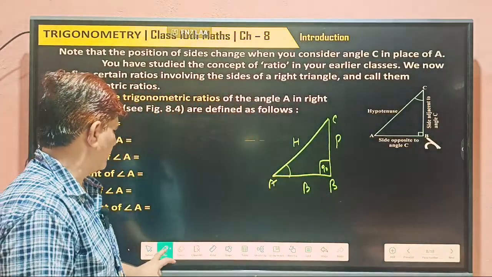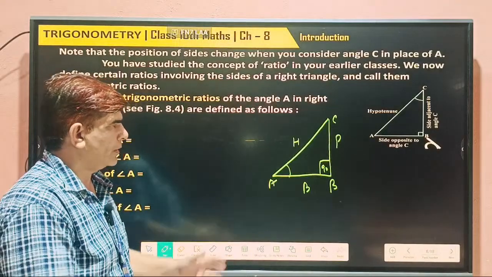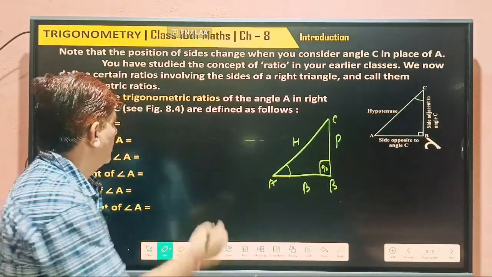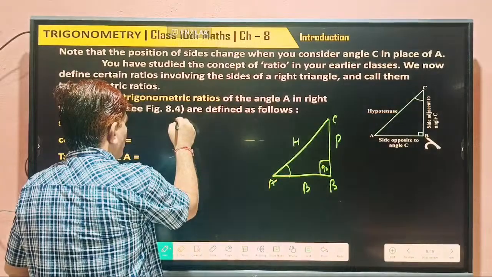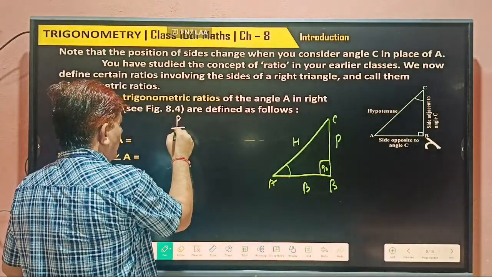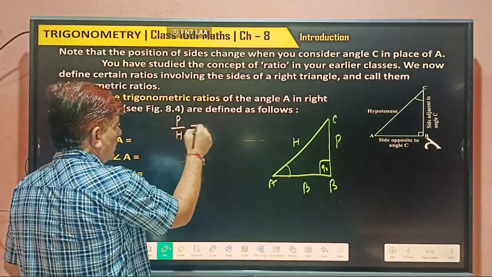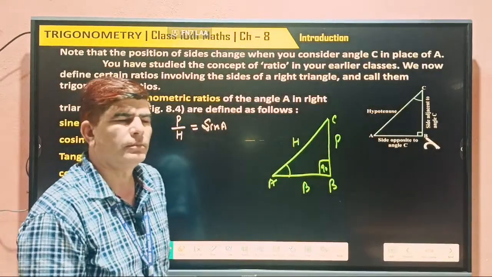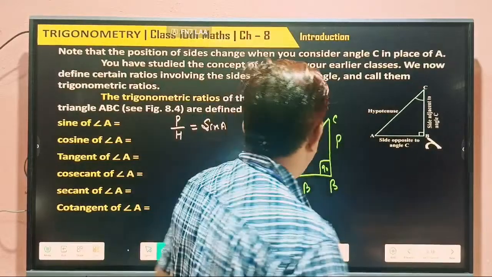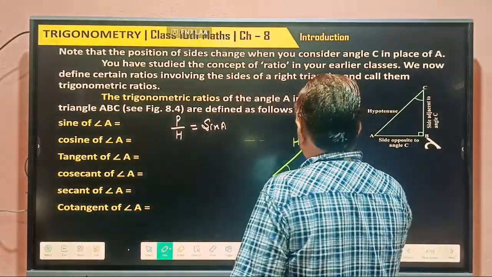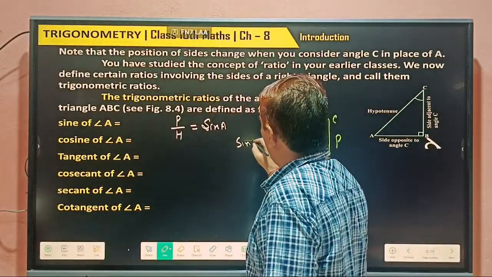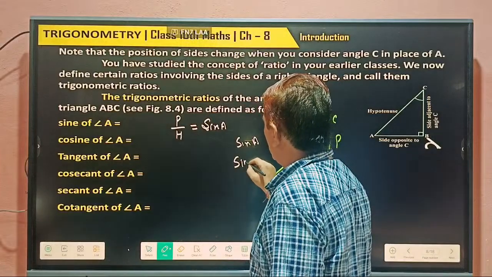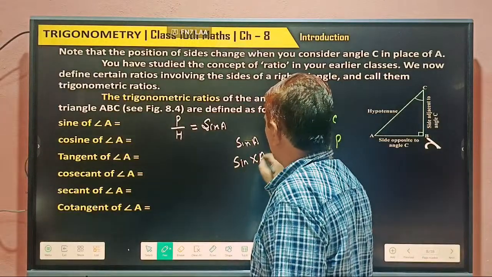So look here. P by H, its name is sin A. Sin A means not sin multiplied with A. This is wrong.